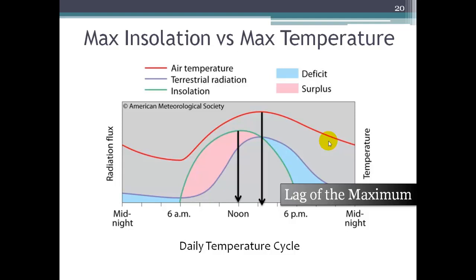And so this lag of the maximum describes that lag between maximum insolation and maximum temperature. It's true throughout the course of a day, as we see here. It's also true, a very similar graph would appear throughout the course of a year. So the maximum insolation in the northern hemisphere would be on the summer solstice, but the maximum temperature for the northern hemisphere occurs in late July and August, lag of the maximum.